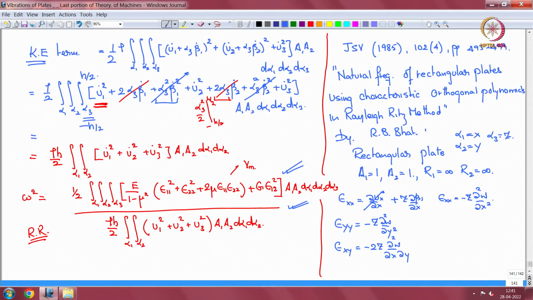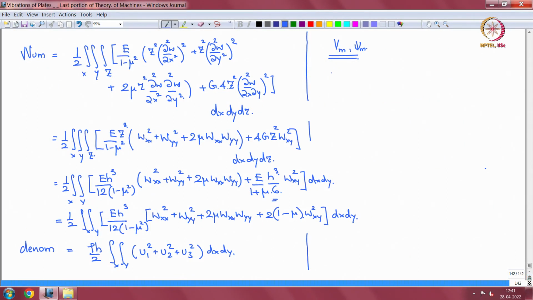Now in the paper that I mentioned, there is a non-dimensionalization the author does, which is here. It takes alpha as a by b, the ratio of the lengths, xi as x over a and eta as y over b, which means del by del x is 1 over a del by del xi.